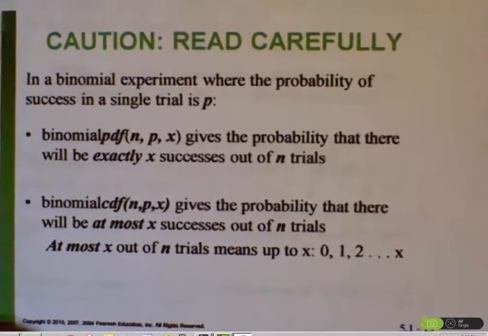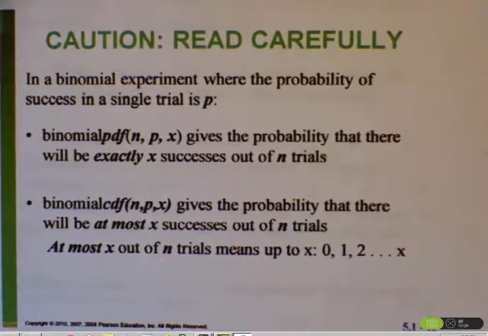Now you have to read very carefully to know how to find each probability, based on whether it says find the probability of exactly X successes or at most X successes, or perhaps we'll even run into at least X successes, and we'll talk about that in just a minute.